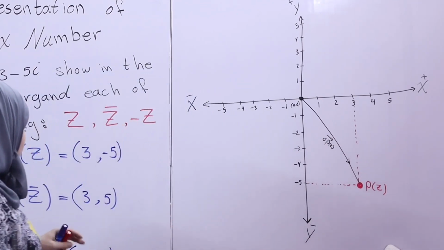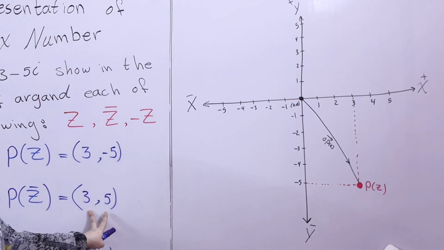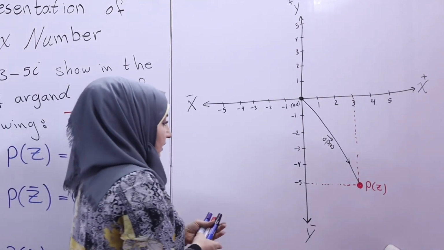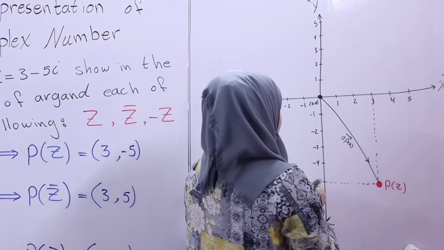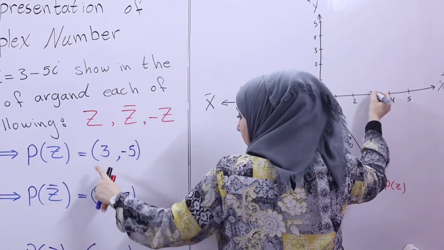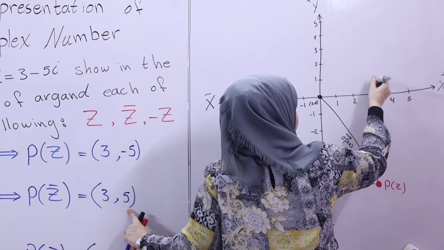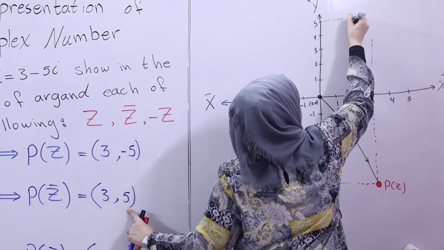The second point is for the conjugate of z, which is represented by the ordered pair 3, 5. I will represent it in blue. The x coordinate is positive 3 and the y coordinate is positive 5.